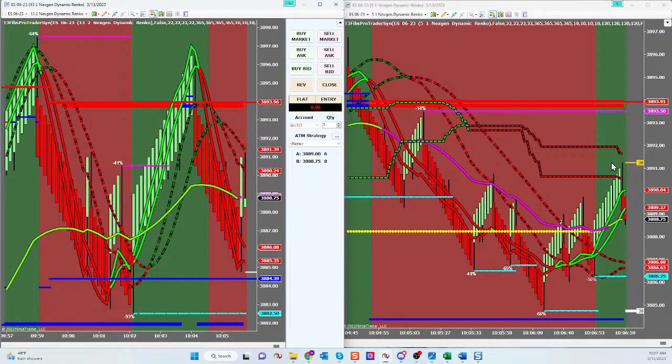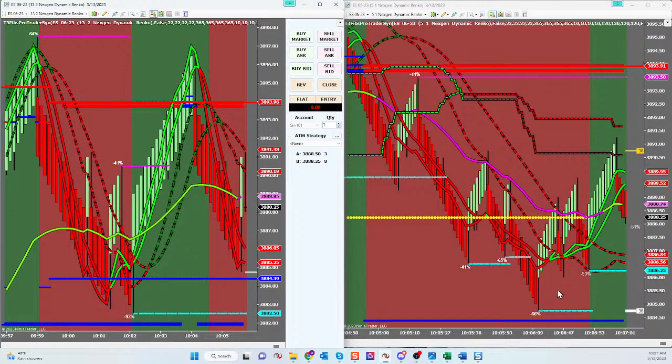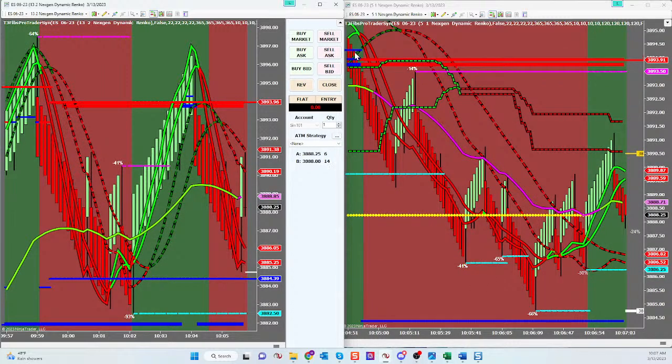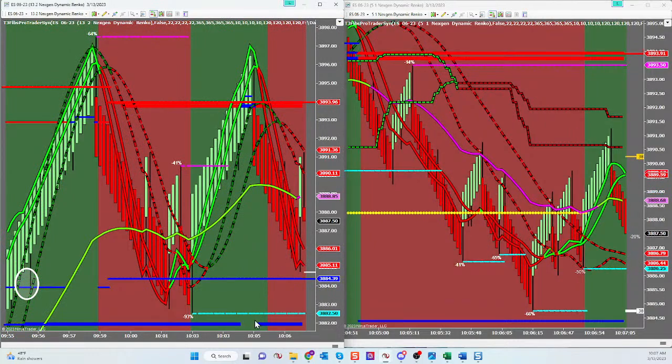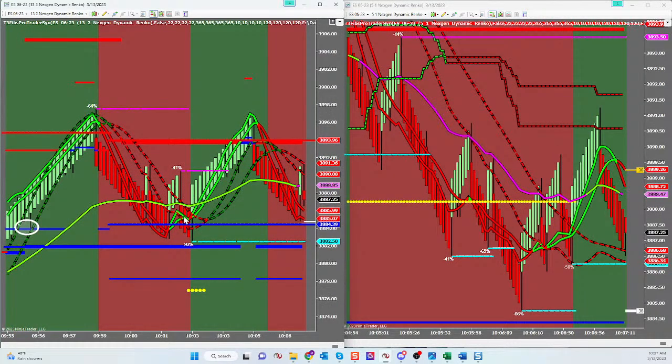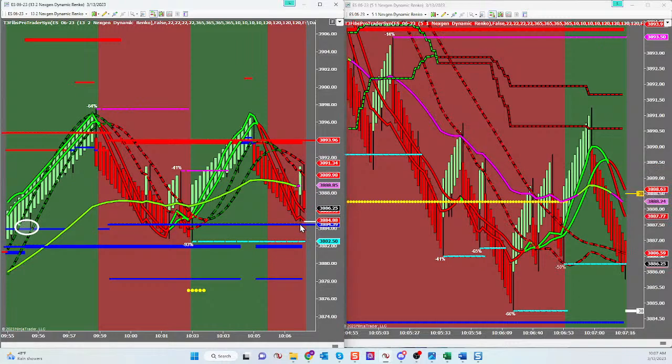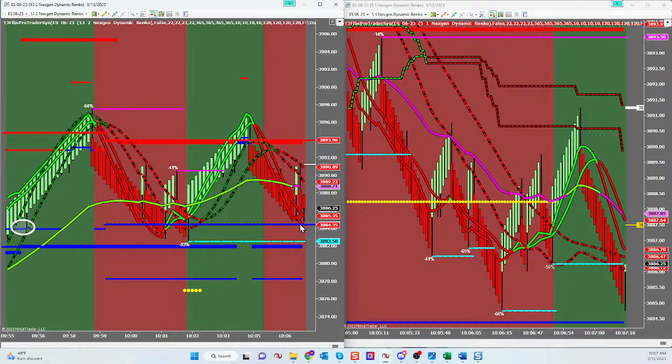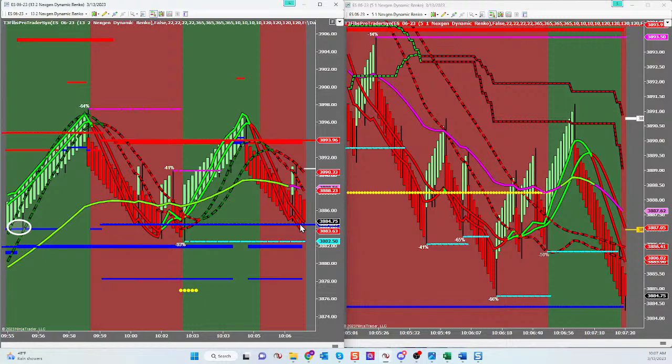Look at these split triggers. 1, 2, 3, 4 divergences on the S&P. Things are a little wonky, aren't they? What do you think, guys? Resistance to support to resistance to support. Can we use our ability to read indicators to help keep us out of a little bit of chop, let an area clear? I hope so.